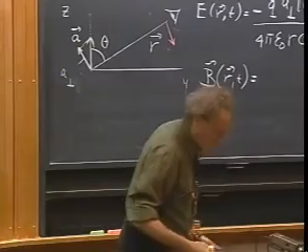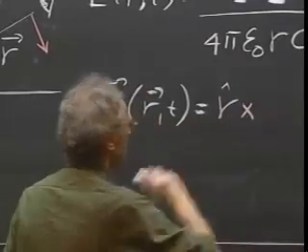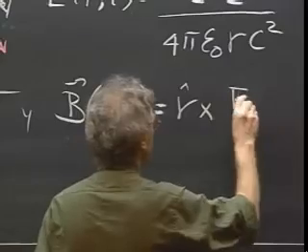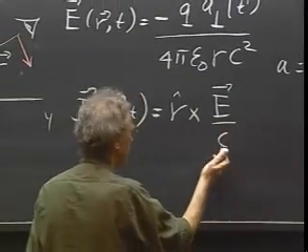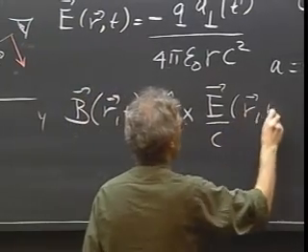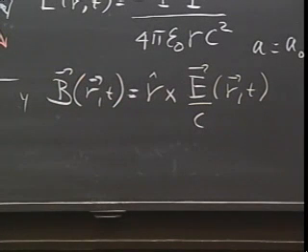And if you take all that into account, then you can write the B vector as the unit vector in the R direction times E divided by c, if it is the speed of light, c if it is in vacuum, and that is then at r, t. So that's the connection between E and B.